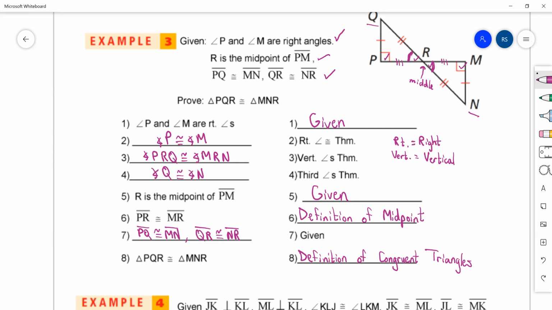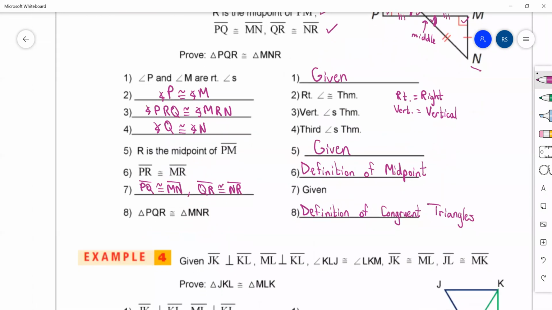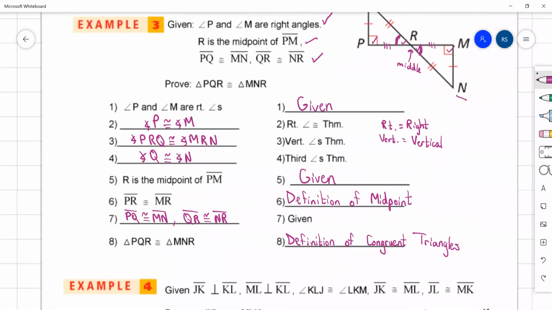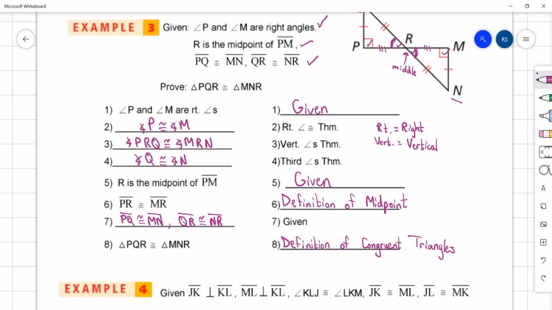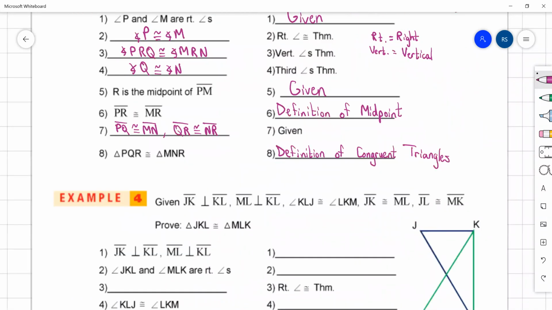So that's how we prove that two triangles are congruent. So there's that example. Now let's move on to our next example.